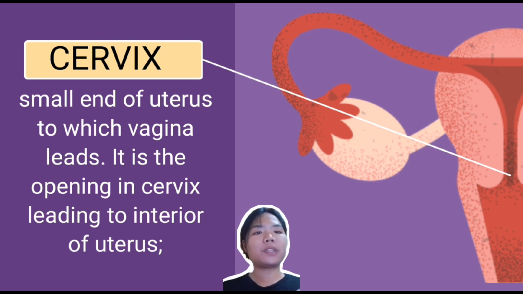It is also a protected area, and it only allows a really small amount of fluid to move through. It's only about half a centimeter wide, if that, and it allows menstrual blood to come out, but it also allows semen to go in. But remember, the penis does not go past the cervix.